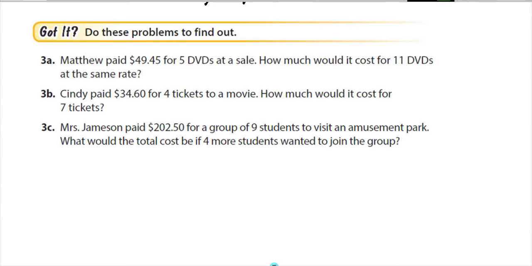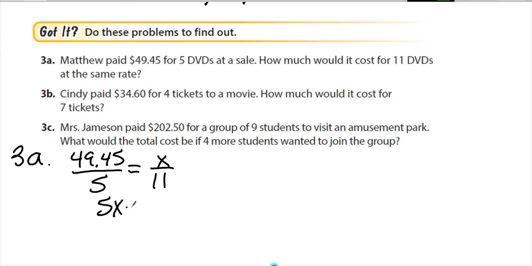All right, so we have $49.45. So this is going to be part A here. It's going to be $49.45 for 5 of them. So how much will it cost for 11? That's going to be 5x equals, and then you multiply through, that's 543.95.